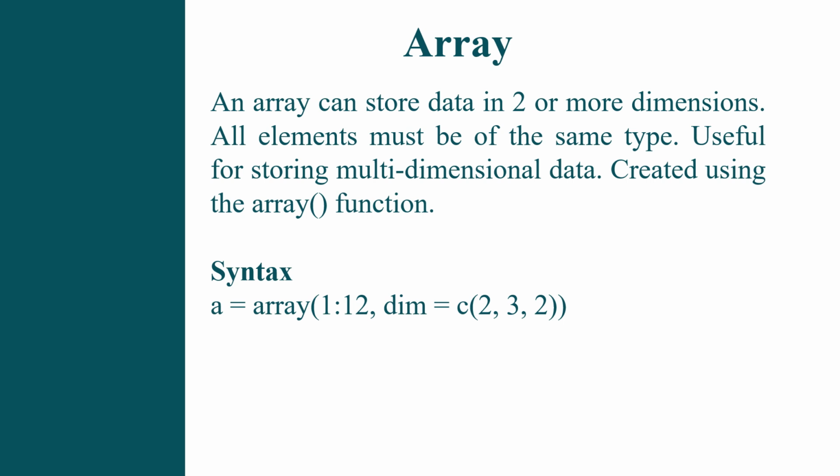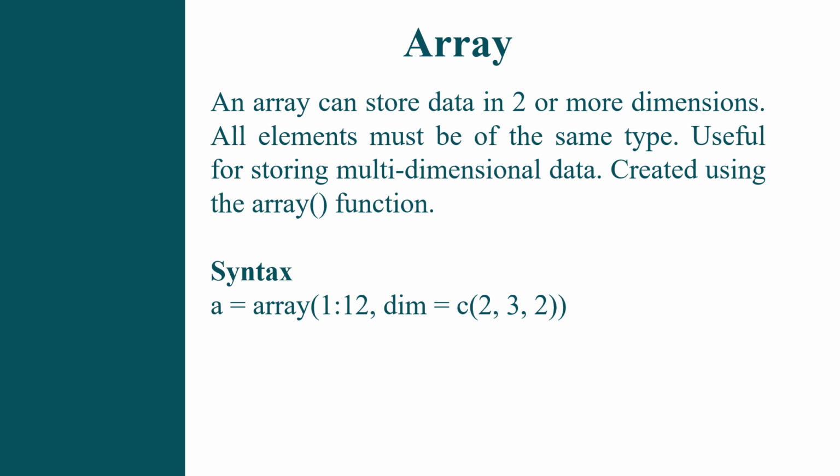So it is 3-dimensional, in which I am defining dim equal to c, again the combine function, then 2, 3, 2, and parenthesis closed. So this creates a 3D array with 2 rows, 3 columns and 2 layers. Arrays are especially useful when you are dealing with things like image data or scientific simulations.